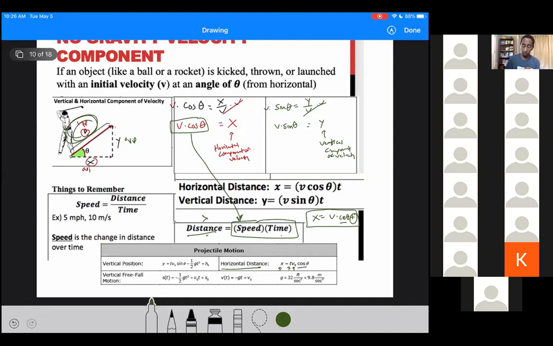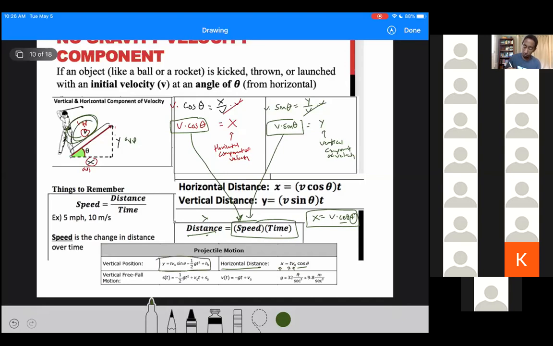Now for y, if we use the same principle, speed times time would tell you how high the ball is, because that's distance. If you look at this formula, however, there's a lot more to it. We're going to look at that later.